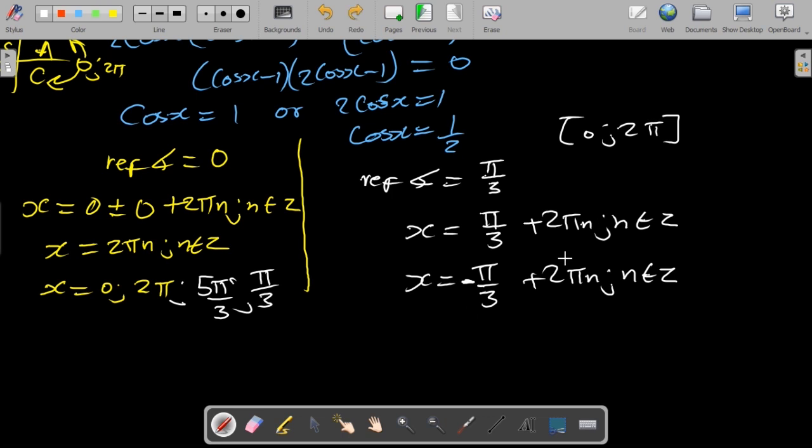And if you substitute a negative 1, then you're going to have negative 5 pi over 3, which is to the left of the lower bound. So these are all the answers that we can get from any combination of the n values in any of these general solutions. So you give these as your final answer.